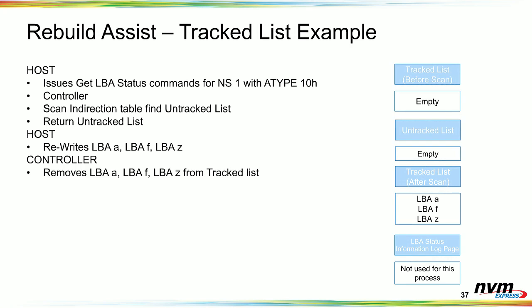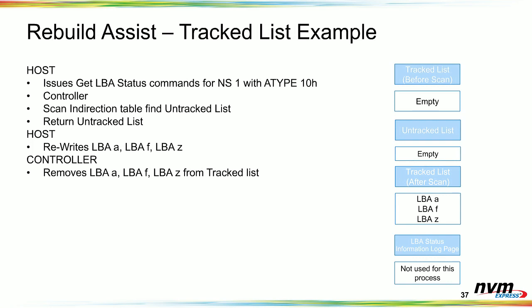Okay, and then the controller removes the LBAs from the tracked list if it happened to track them. It is allowed for the controller following an untracked request to retain that information or choose not to retain that information.